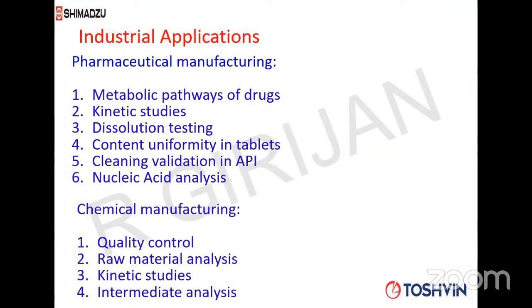In the same way you can do it for content uniformity of tablets. Cleaning validation in API manufacturing, because all the pharmaceutical drugs are made by batch processing methods. So when you change over from one batch to another, the process equipment has to be cleaned, and there's a cleaning validation procedure. Either you take a swab or you take a rinse and then test it for any residues of the previous batch or previous drug.